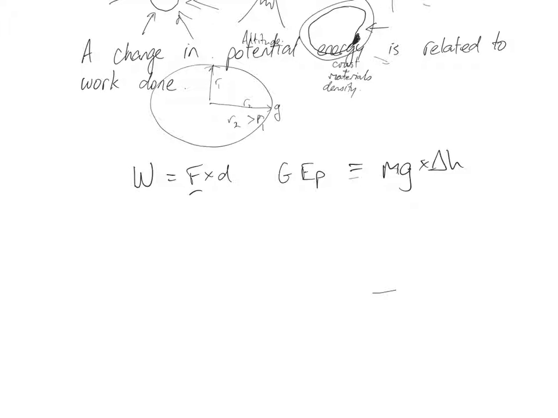If we want to go further out into space, and way out into space, and we'll come to the definition of gravitational potential energy in a minute. But if we go further out, we have work, or increasing gravitational potential energy, equals force.